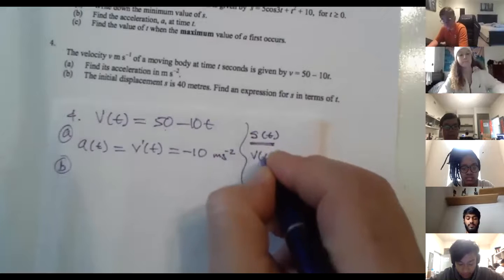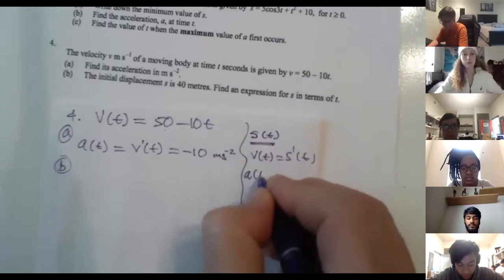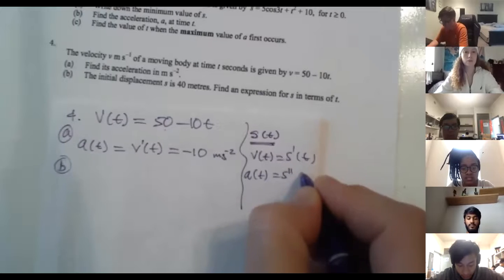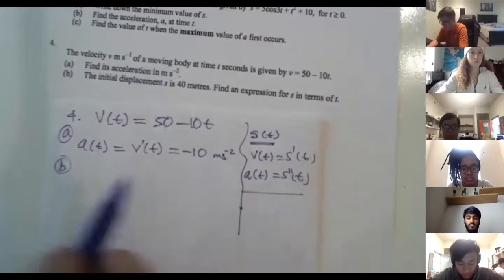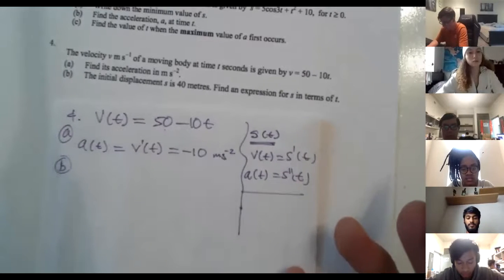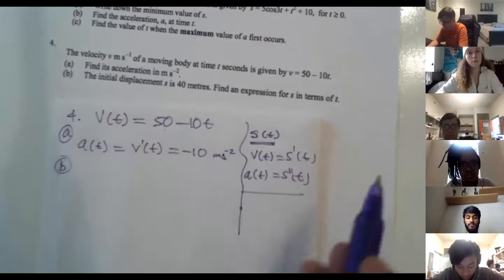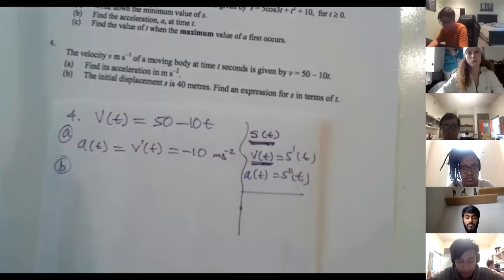And we were able to find the velocity by taking the derivative of the position and the acceleration by taking the second derivative of the position. But in this case, we are not given S. We're asked to find S. All right? So what relationship is there between S and V? Because V is the one that is given to us. What's the relationship between the velocity and the position?